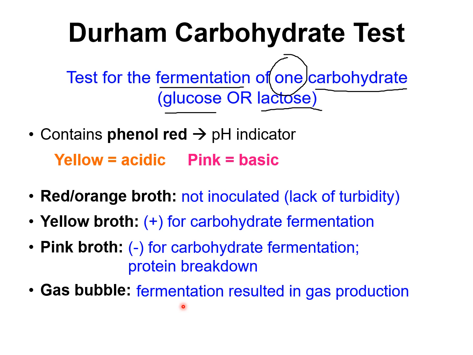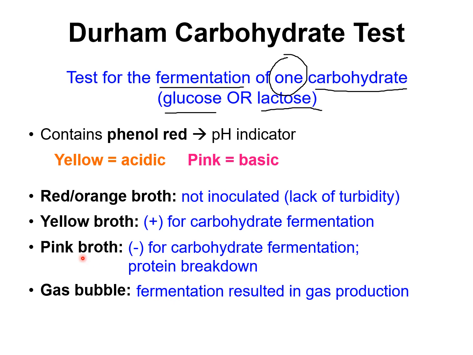So if you see gas bubbles in the Durham tube, that would tell you that the bacteria was capable of producing gas. And by the way, if your bacteria is capable of producing gas, then that means it was capable of fermenting the sugar, right?